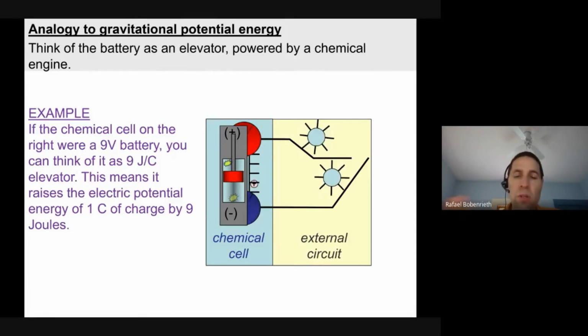So in other words, if 1 coulomb of charge passes through that battery, it will have raised the electric potential energy of that 1 coulomb charge by 9 joules. If it's 2 coulombs, it would raise it by 18 joules. It's always 9 joules per coulomb, 9 volts.